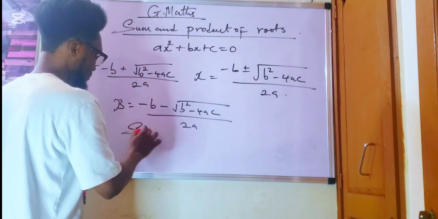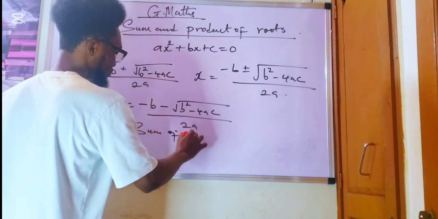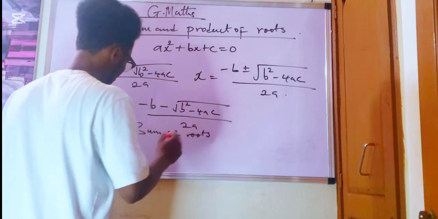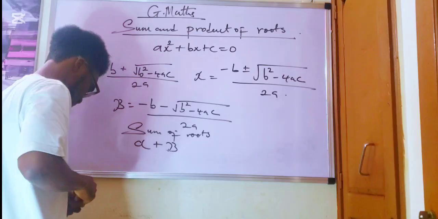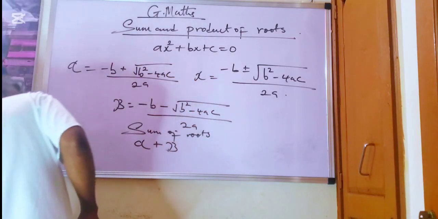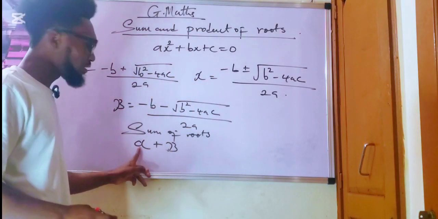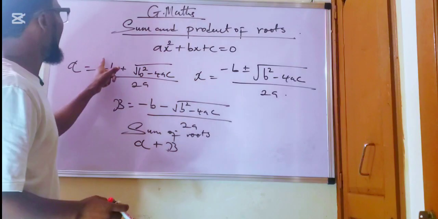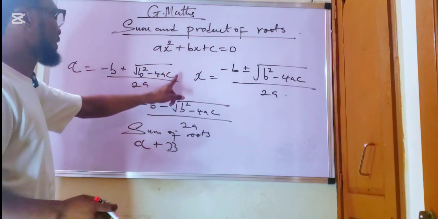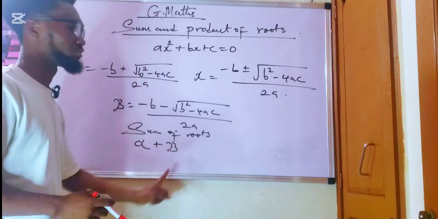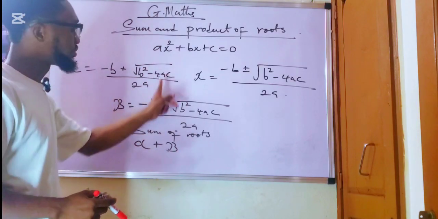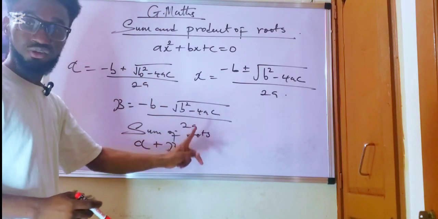So sum of roots will become alpha plus beta, right? Okay. So we already have the root representing alpha and the root representing beta. When we say alpha plus beta, it simply means the addition of these two distinct roots.